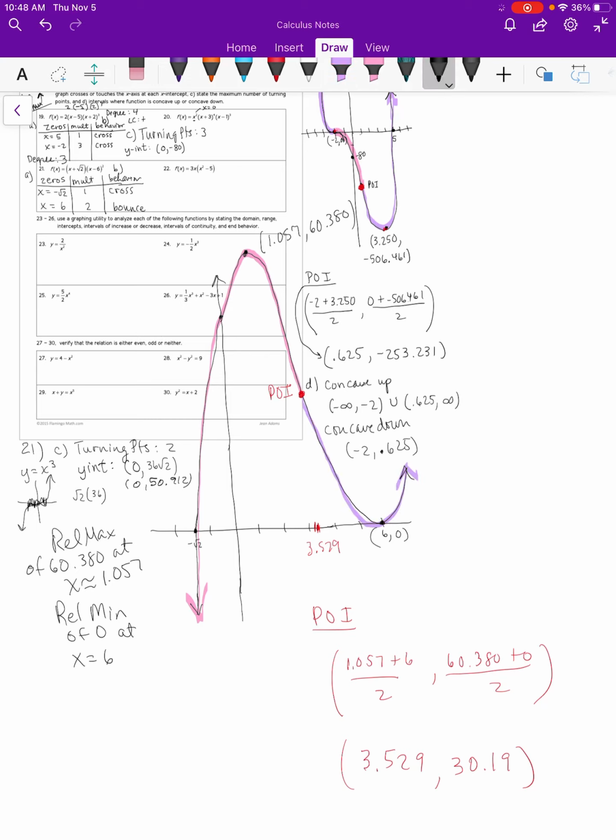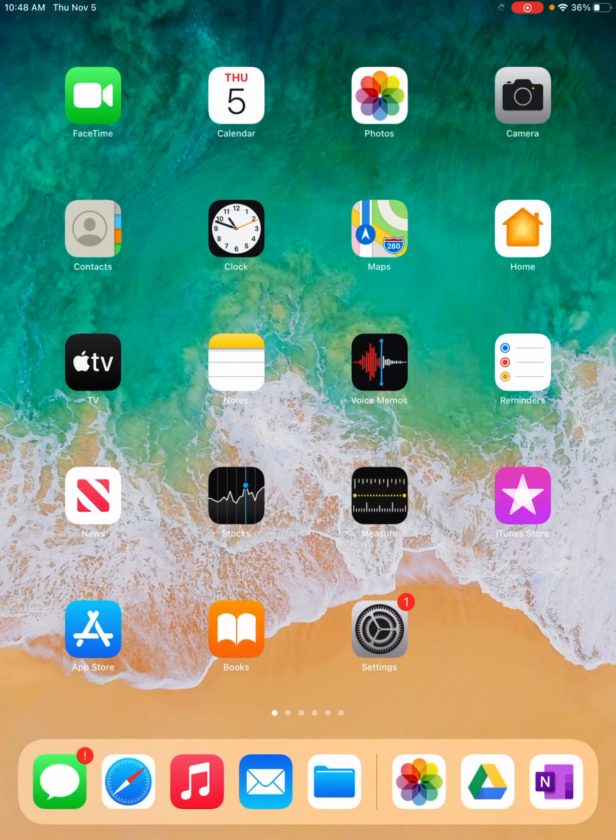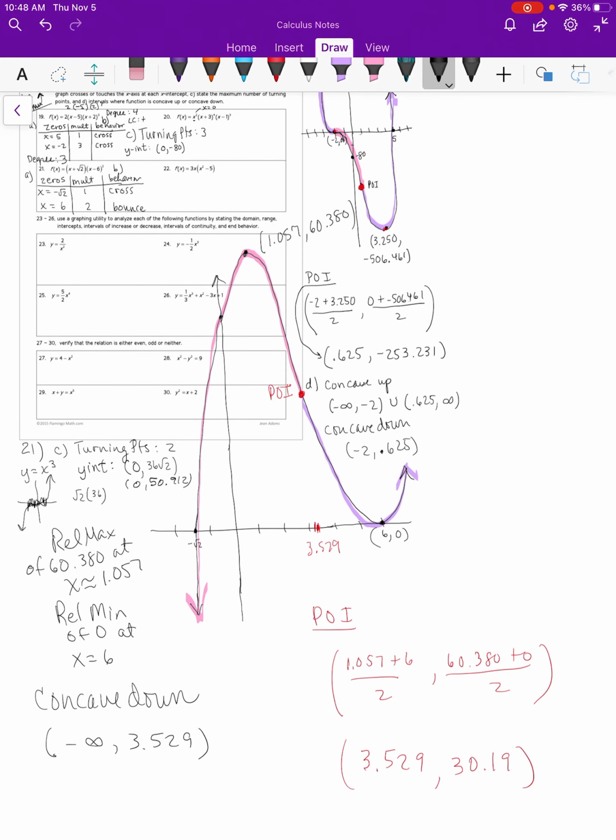So if I was going to give concavity intervals, concave down from negative infinity to 3.529. Oops, sorry. And concave up from 3.529 to infinity. Okay, so there's your part D for number 21.